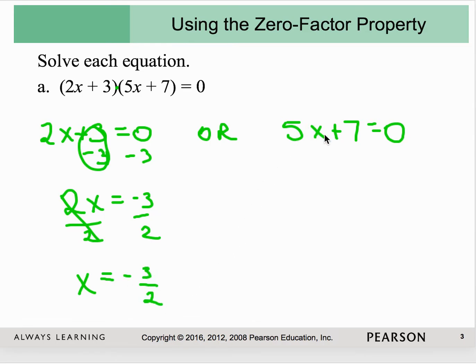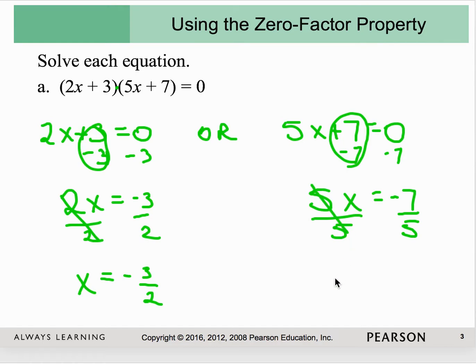But I've got to solve both of them, right? Don't forget, I've got two to solve. And I'm assuming we know our steps for solving a linear equation, so we can just walk through that. All right, so either x is -3/2 or x is -7/5.